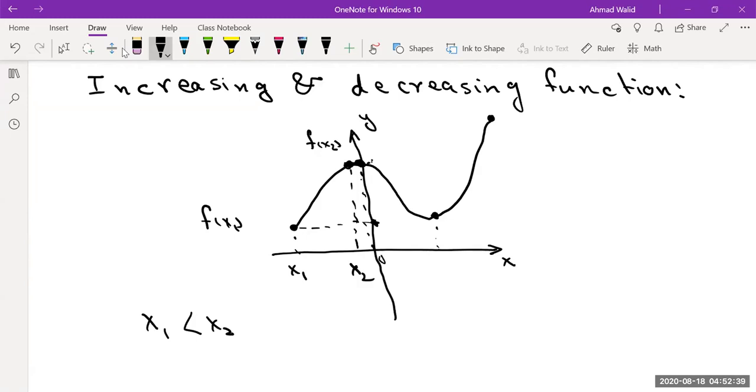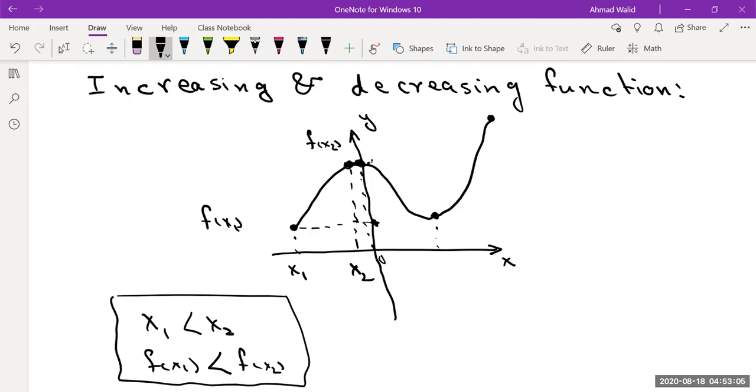When you are closer to 0, that number is bigger, right? As you go far from 0, the number gets smaller. But what about the relation between f of x1 and f of x2? Clearly, you can see that f of x1 is actually smaller than f of x2.